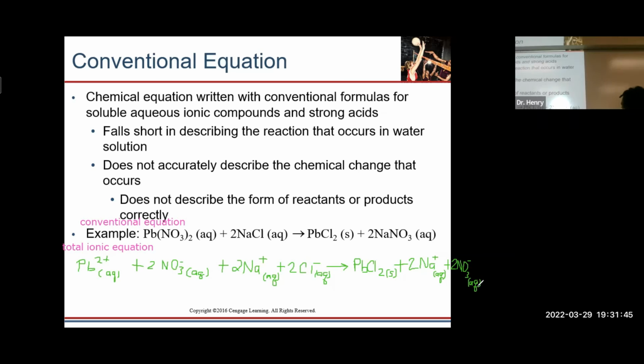Okay, so that will be the total ionic equation.